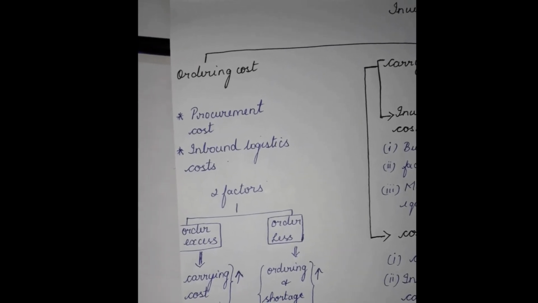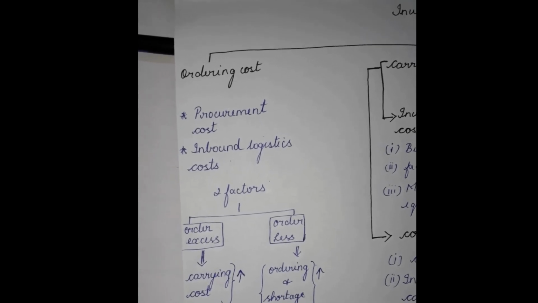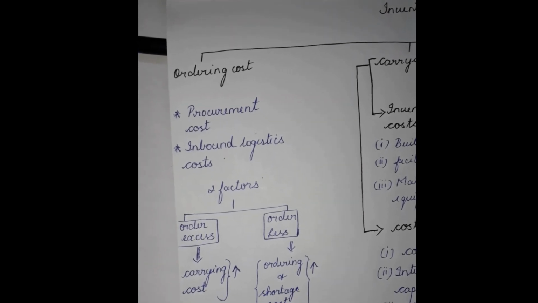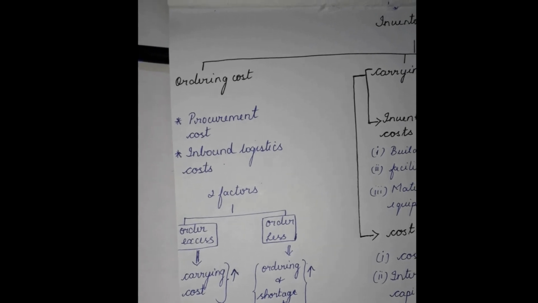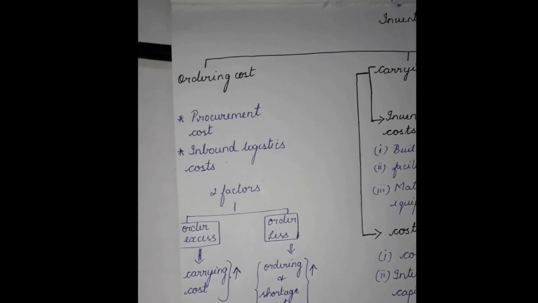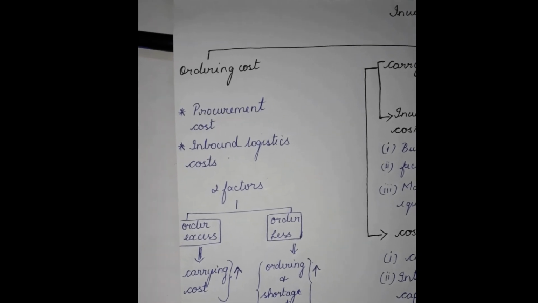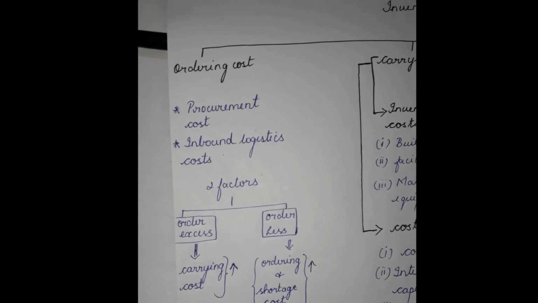So two factors which have to be taken into consideration while looking at ordering cost will be ordering in excess quantities and ordering in quantities less than the demanded quantity. When orders are placed in excess, firms will tend to stock up the goods that are ordered in excess.